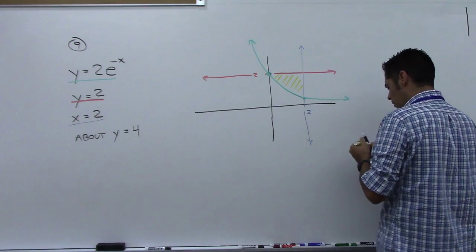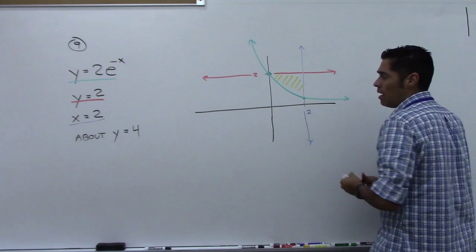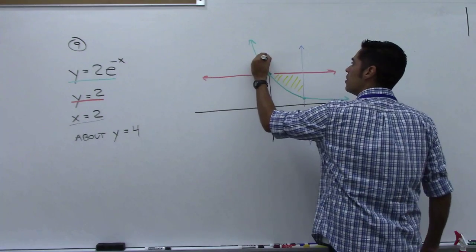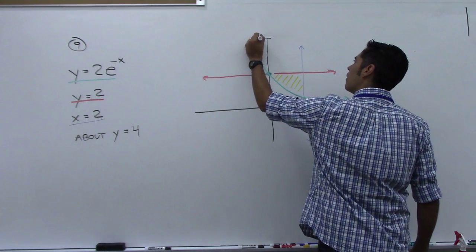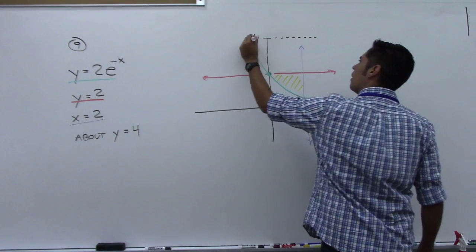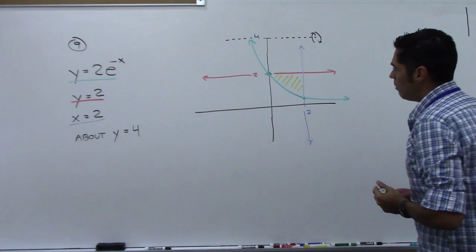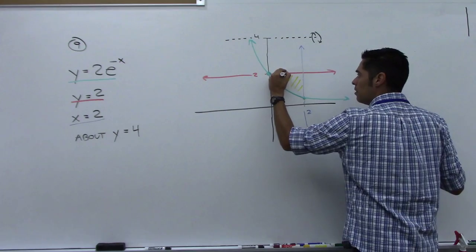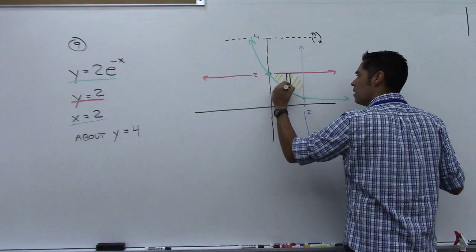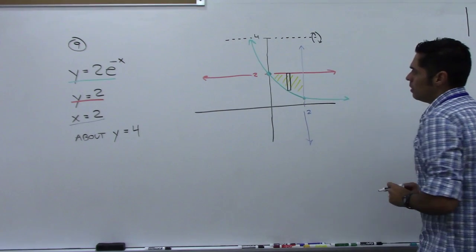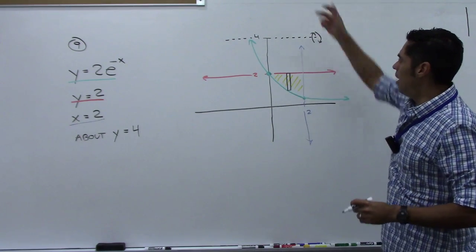We want to take that and we want to rotate it around the line y equals 4, which is up here. I'm going to rotate it around that. So my rectangle that I'm going to use is going to be in here. It's going to be vertical, and I'm going to wrap it around like that.